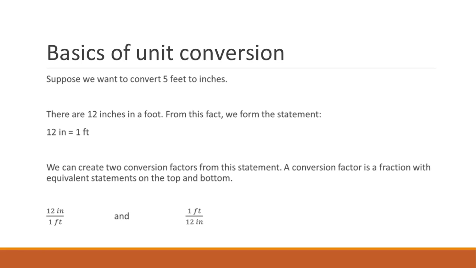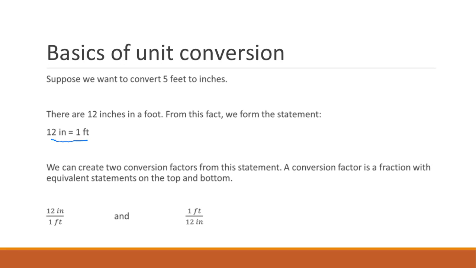So knowing that there are 12 inches in a foot, we form the statement that 12 inches equals 1 foot. That can create two conversion factors. They're equivalent, but it really depends on what we're going to want to use as to choose which one we do use.